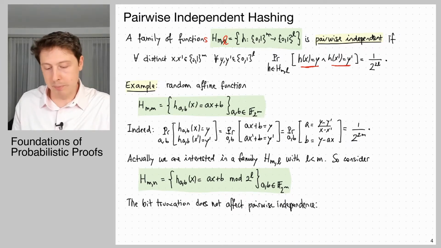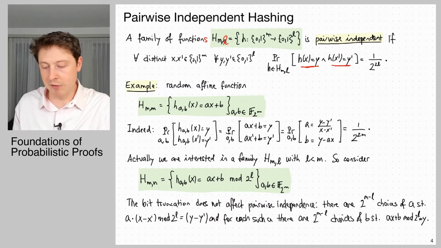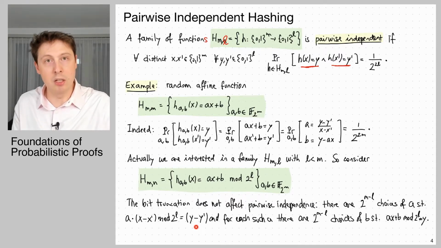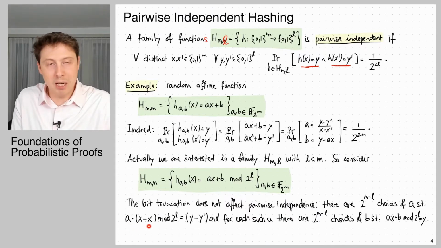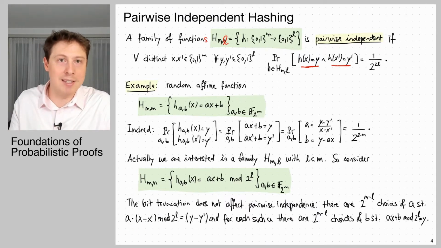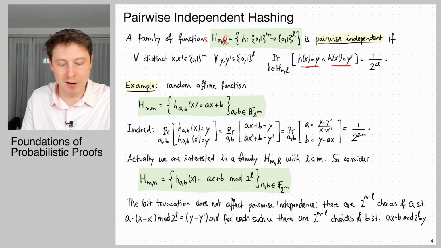It does, so you can convince yourself, very roughly speaking, there are 2 to the m minus L choices of A that satisfy this first property. Again, we have y minus y prime, that's some fixed L-bit integer, and we have x minus x prime, we multiply by A and we mod out by 2 to the L. Now A has size 2 to the m, and we multiply by some fixed element, that's going to get again some element that consists of m bits.